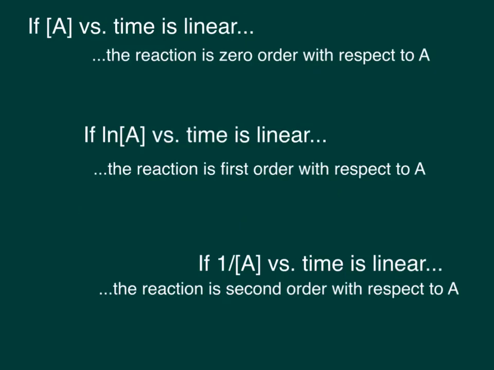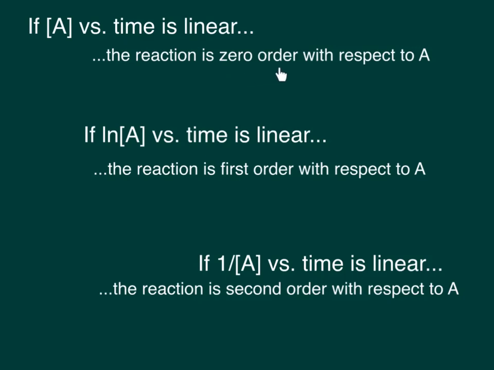This page summarizes the concentration versus time using integrated rate laws. If we were to graph the concentration of A versus time and get a linear relationship, well, that would mean that the slope is constant and the rate of the reaction is staying the same.